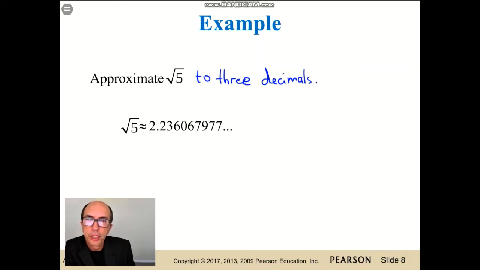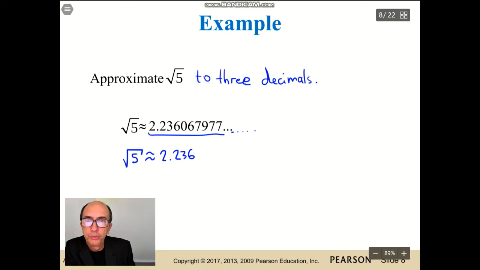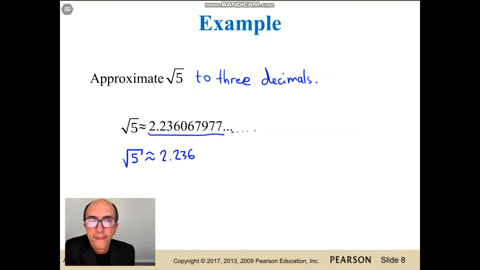So the square root of 5 is an irrational number that goes on, and we're going to approximate the square root of 5 as approximately equal to 2.236 with 3 decimals.